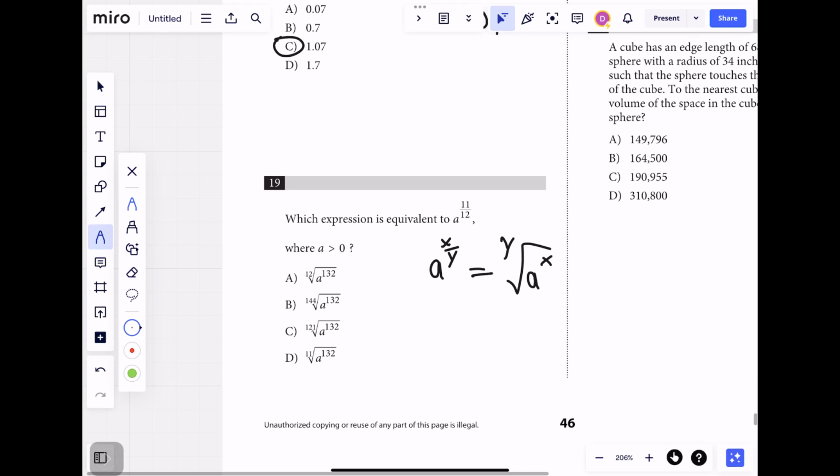Now that we understand that, we can look at the answer choices, and the one that stands out is B. So that turns into a equals 144 over 132, which can be simplified down to... wait, oh, it's going to be 132 over 144, which is 11 over 12. Okay, yeah, so that's the right answer.